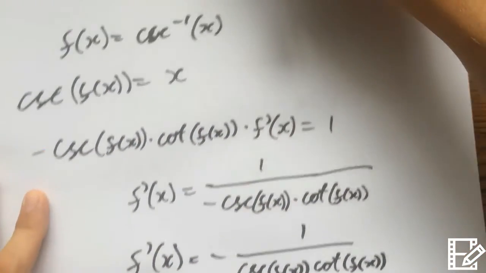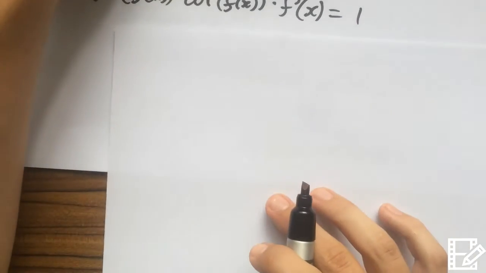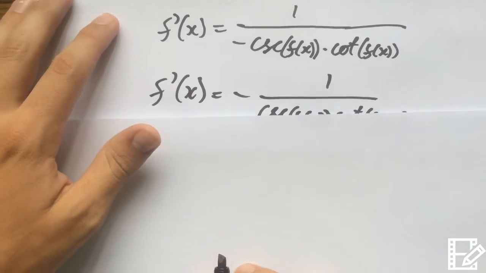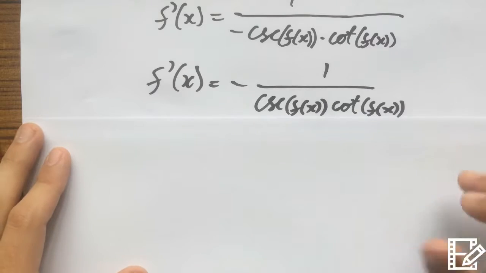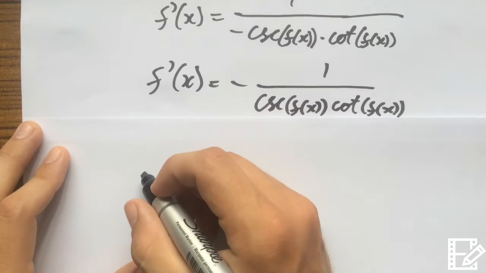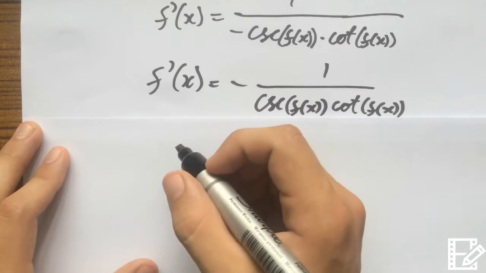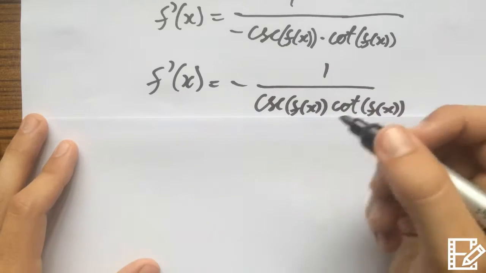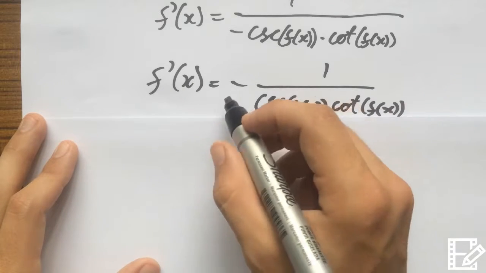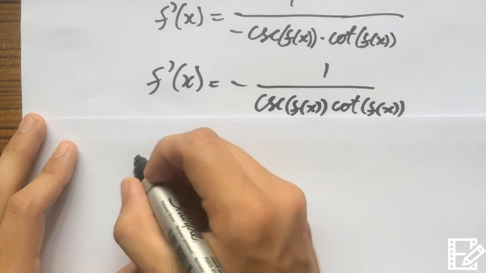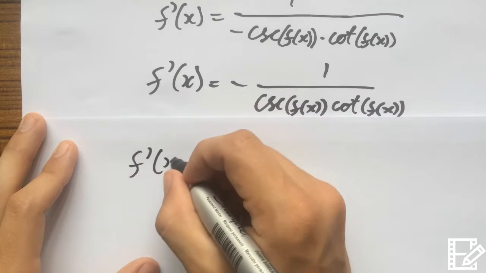Now, if you've watched my video, I think I did it in my secant video, my sec to the power of negative 1x video, I basically square rooted the whole lot, the whole bottom, and it will look like this.